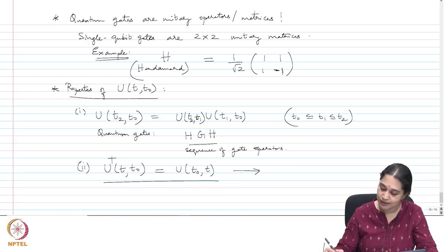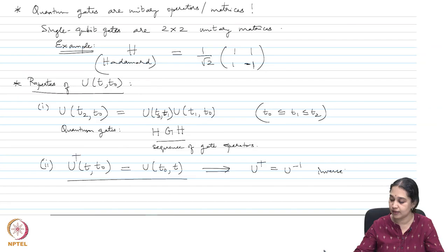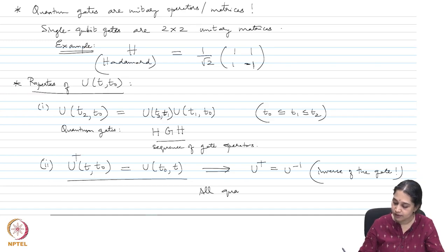So what this is saying in some sense is, if I have a unitary matrix U, then its complex conjugate transpose is its inverse, right? This is the inverse of the transformation or the gate. And so all quantum gates in that sense are reversible. This is a huge departure from the classical setting, where there are very special gates which are reversible.